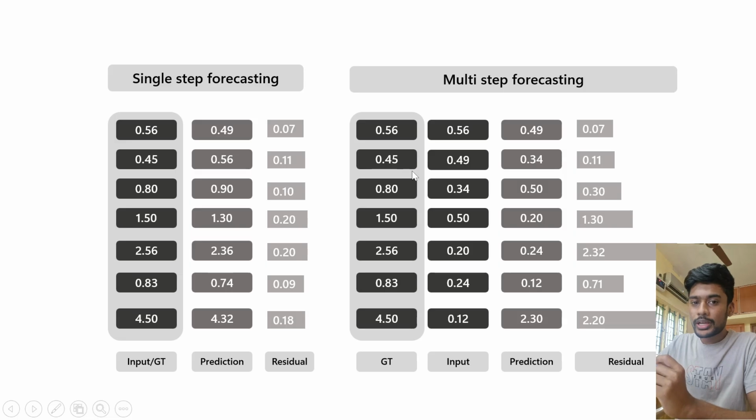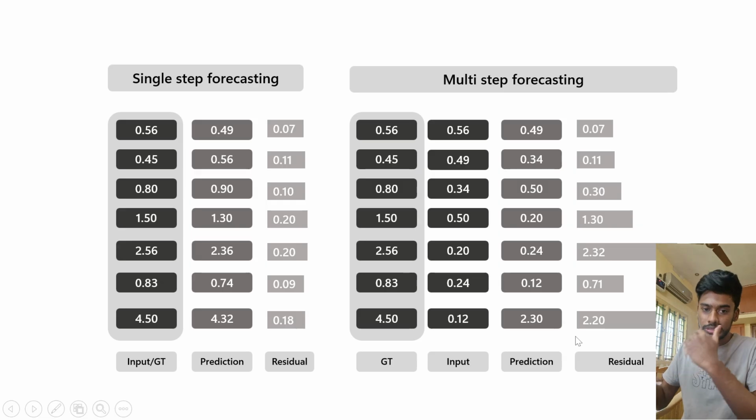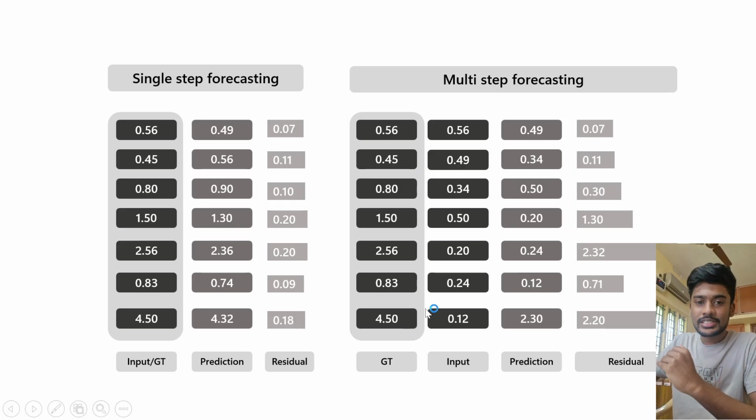So what we'll be doing is taking the forecast value. 0.49 is the forecast value for that particular time frame at the 0th hour, so we'll be using that to do the predictions. Similarly, this will happen until we reach the final prediction horizon. So in such cases, this is actually the residual.